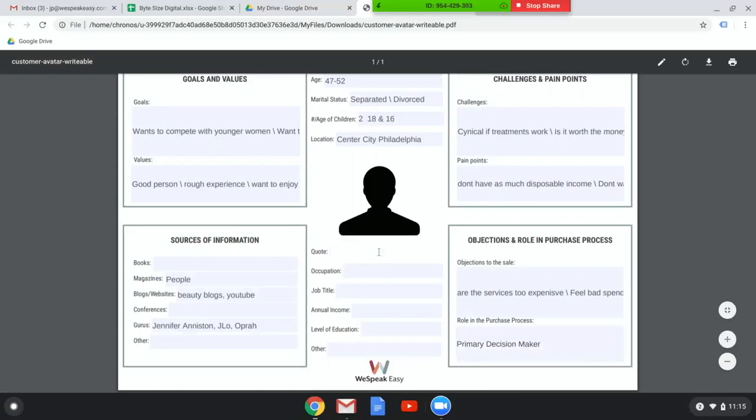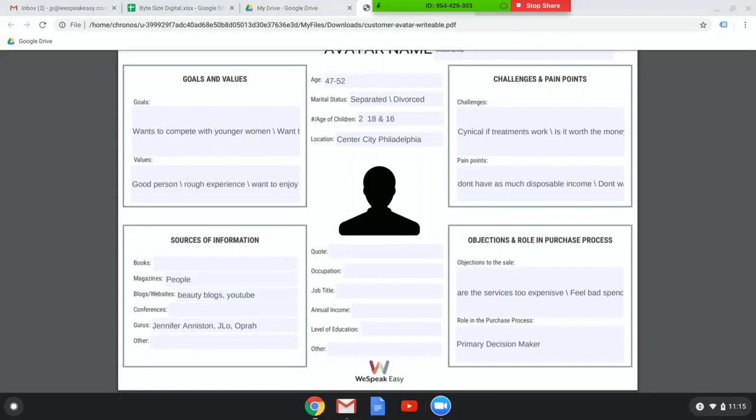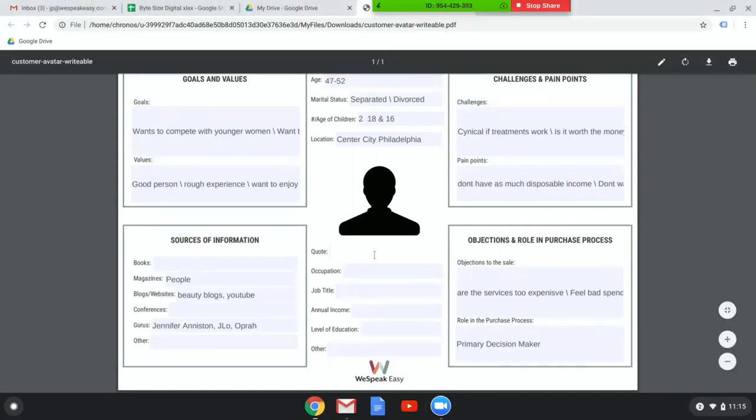What's a quote that they might have that encompasses who they are and how they feel when you're writing to them? Their quote is going to be, I want to enjoy my life again and look great. Their occupation is maybe an office manager somewhere or a stay-at-home mom. Annual income is going to be $100K with alimony, etc. Level of education is bachelor's.